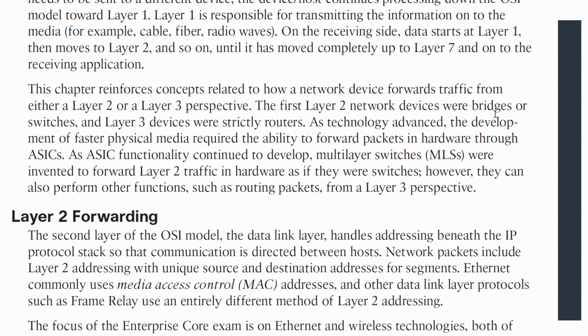What is a bridge? See, initially we were having the hubs. How many collision domains were there per port in a hub? A hub has a single collision domain, only one collision domain, right?